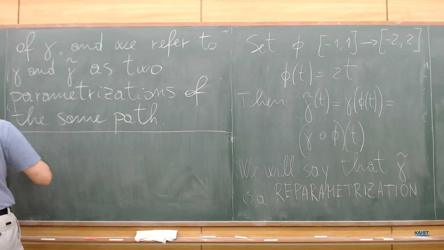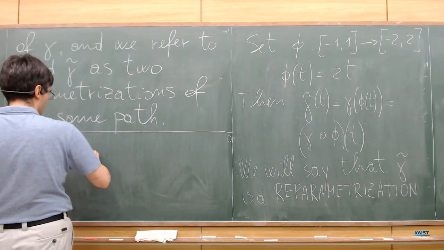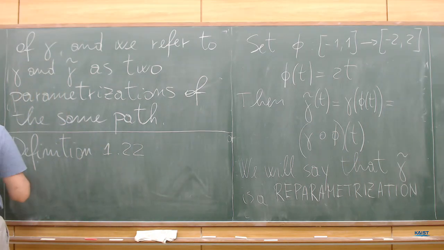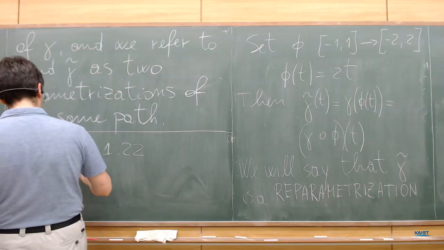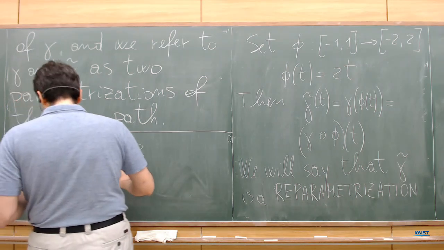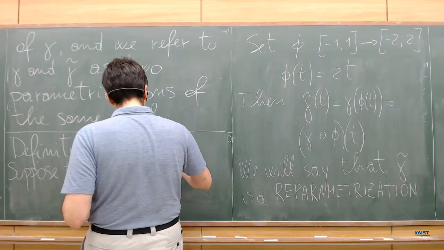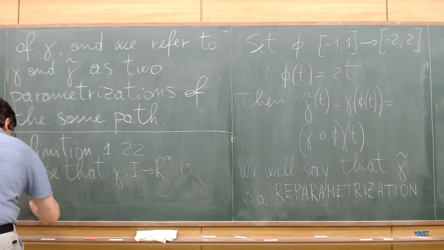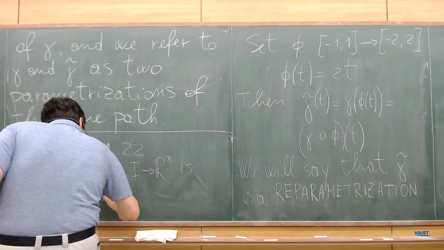Definition 1.22. Suppose, as usual, that gamma defined on I with values in Rn is a regular curve.